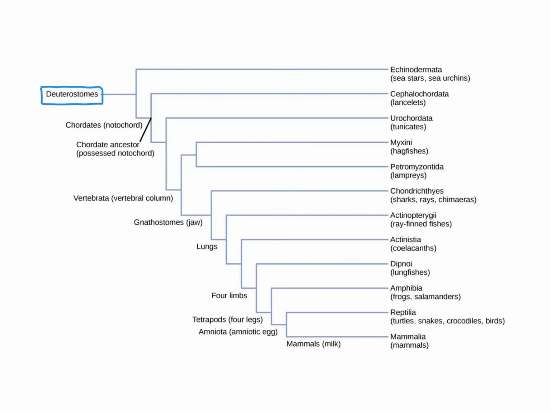And actually you can see here that Echinodermata, these are invertebrates. And then we also have our Cephalochordata and Urochordata. And these are invertebrate chordates. And then the rest of the organisms are all vertebrate chordates.